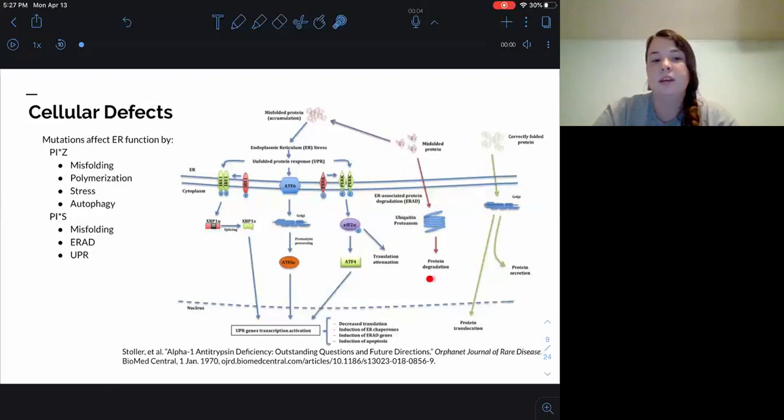Mutations like the SERPINA1Z mutation causes an accumulation of misfolded polymerization proteins in the ER lumen, causing ER stress, indicated by the blue arrows.